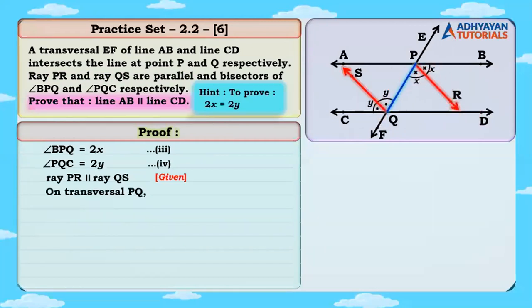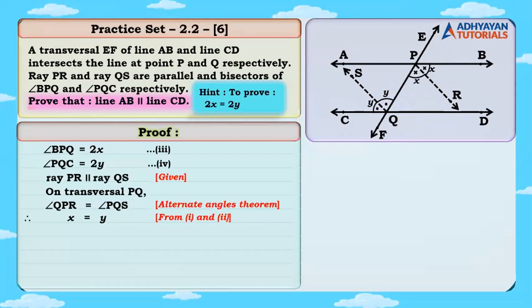Which ones are going to be equal? X has to be equal to Y. Definitely we'll mention the names of the angles first. For example, angle QPR, this angle here, and then angle PQS, right? Angle QPR is nothing but X, and angle PQS is nothing but Y.